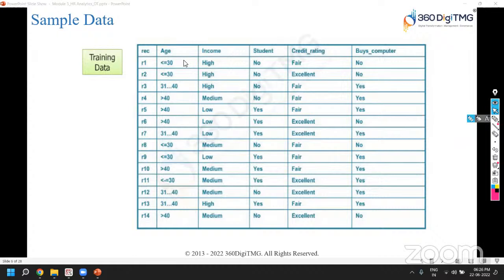And age can be in decimals also. So too many options are available. So we are grouping this data into three segments. We're saying anything less than or equal to 30 is one group. A bunch of people who belong to 31 to 40 is one group, and greater than 40 is another group. Okay, so this way we are splitting the data.